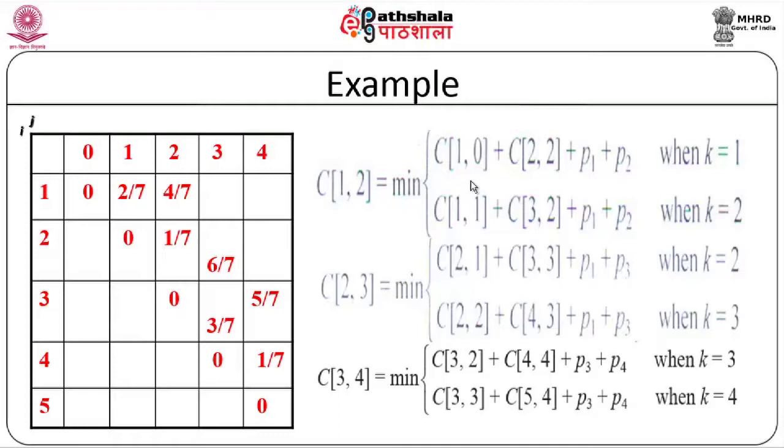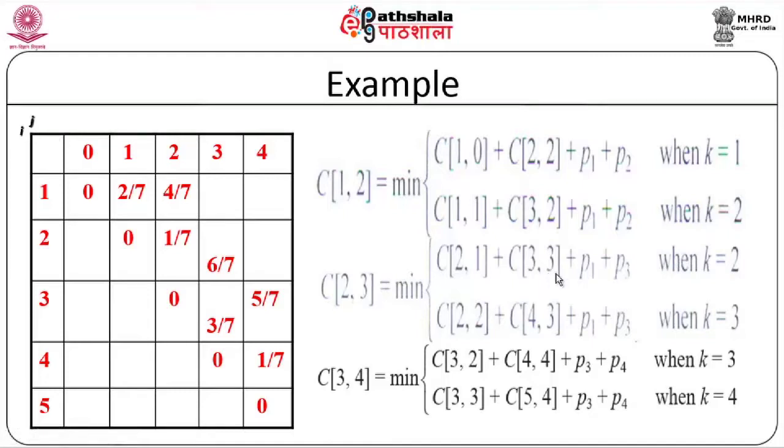That means we have 2 elements, therefore, it is going to be P 1 and P 2. This is when k is equal to 1, and when k is equal to 2, it is going to be C of 1 comma 1 plus C of 2 comma 2. This is when k is equal to 2.